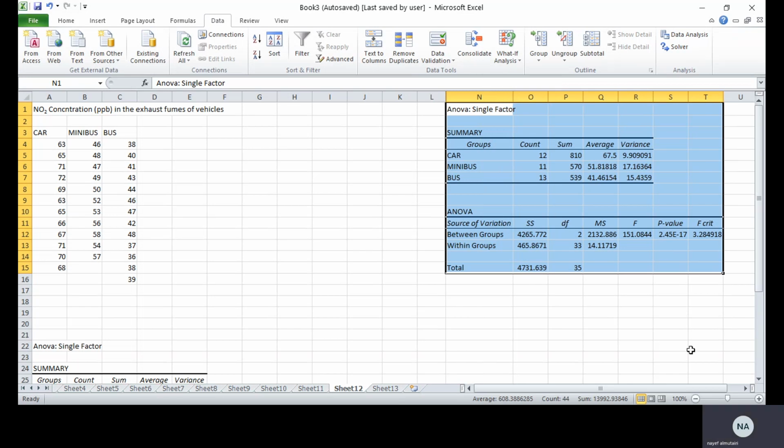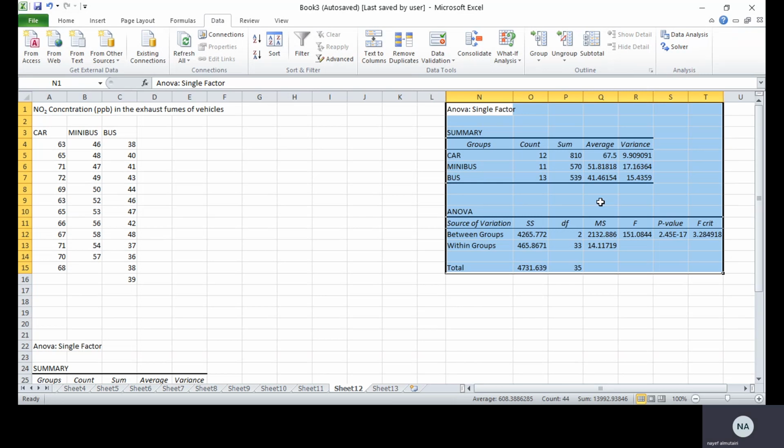So this is ANOVA, and then we should now try to analyze. Of course, here you will have the average of the car NO2 concentration, 67.5 parts per billion, versus minibus, 51 or 52 almost parts per billion, and bus, 42 almost parts per billion. These averages, are they statistically significant?